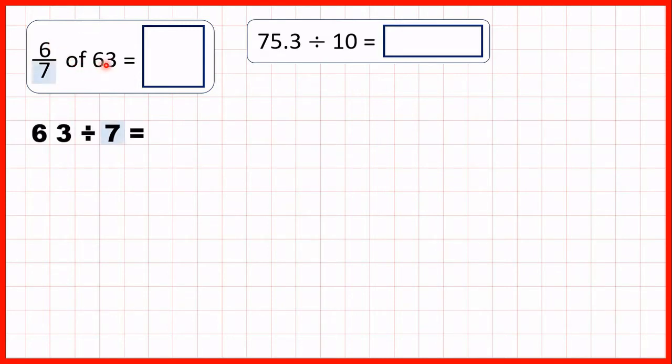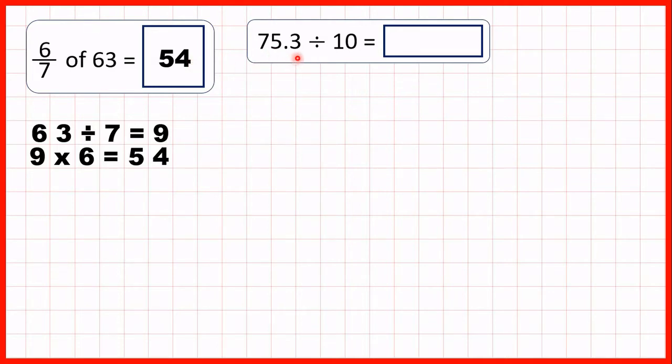So we start with 63 divided by 7, so dividing by the denominator. That's 9 because 9 times 7 is 63, but now we need to take that 9 and multiply it by the numerator, so times top. And 9 times 6 is 54, so that's our answer.